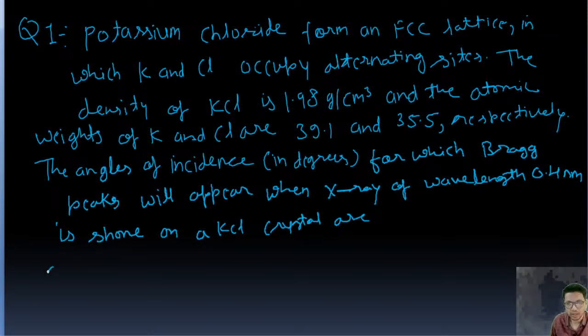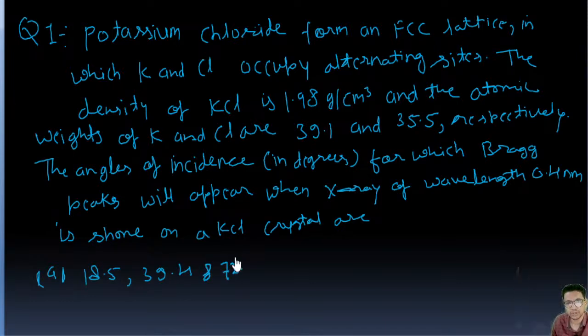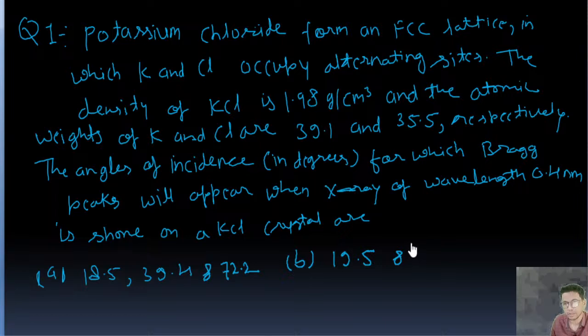Okay, so the options are: option A is 18.5, 39.4 and 72.2. These are in degrees, okay? And option B is 19.5 and 41.9.